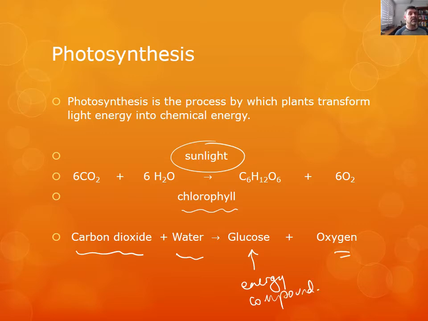It's a very important process carried out by organisms known as autotrophs, those that are capable of producing their own food by converting the sun's energy, the energy of light, into chemical energy in an energy form that can be used in chemical reactions.